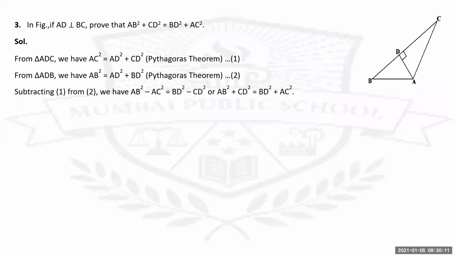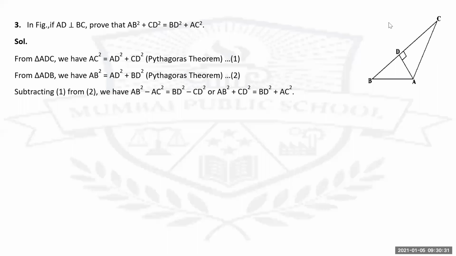What I've done is I've solved questions of each and every type. Now in the figure, AD is perpendicular to BC. This is given to us. To prove: AB square plus CD square equals BD square plus AC square.